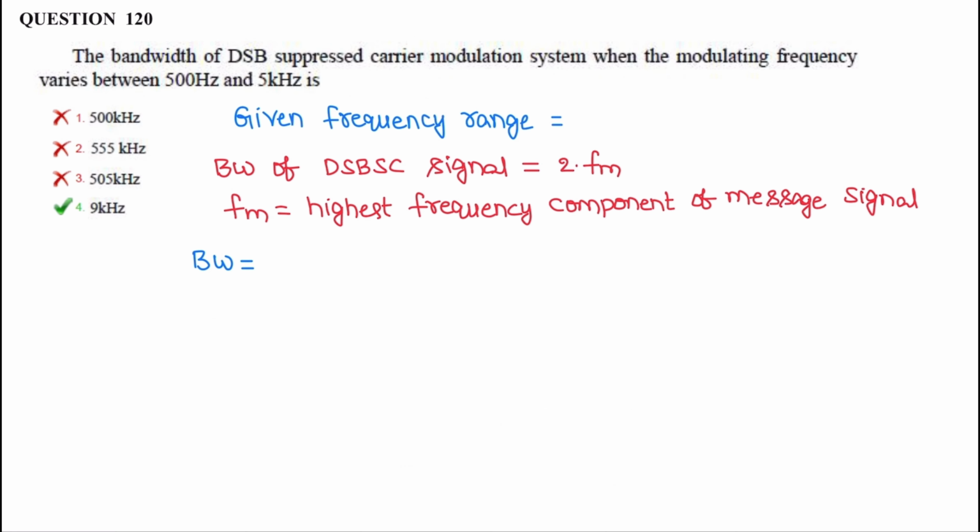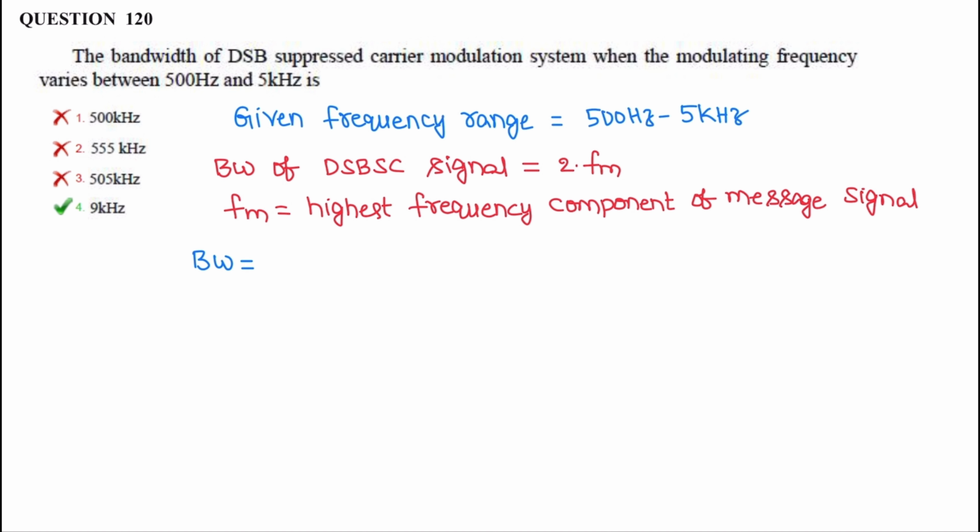Question number 120. The bandwidth of DSB suppressed carrier modulation system, double sideband suppressed carrier modulation system, when the modulating frequency varies between 500 Hz to 5 kHz is? Given frequency range is 500 Hz to 5 kHz, 5000 Hz.